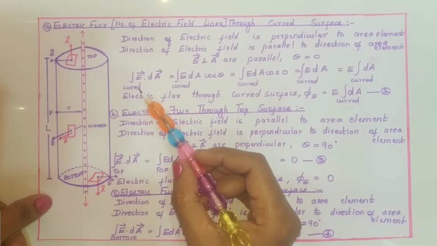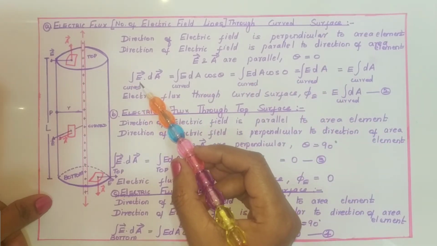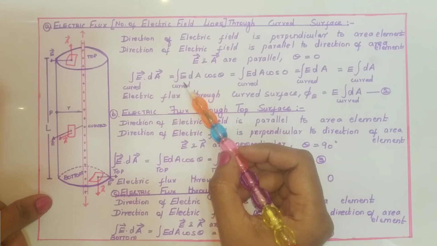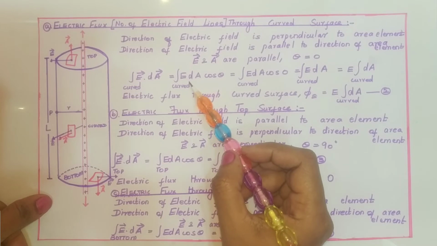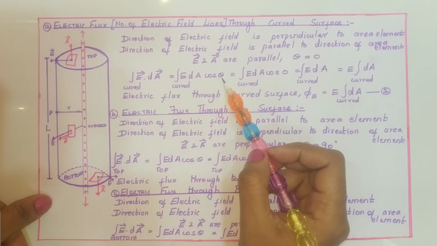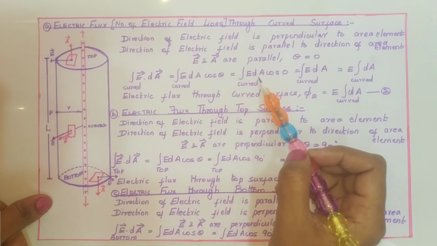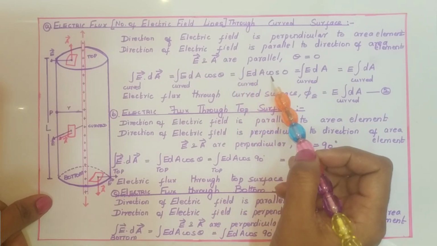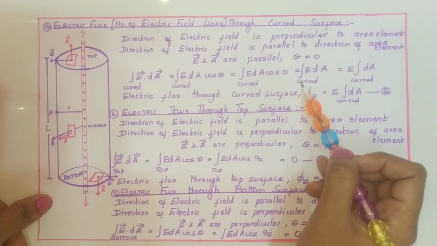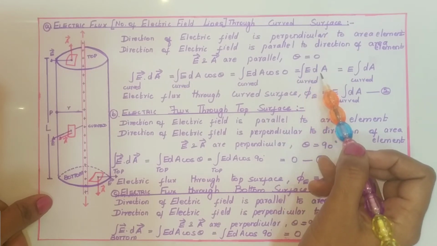Now the integral over the curved surface of E vector dot dA vector is written as the integral over the curved surface of E dA cos theta. Here the angle theta is 0, so the expression becomes E dA cos 0, and we get the integral over the curved surface of E dA.